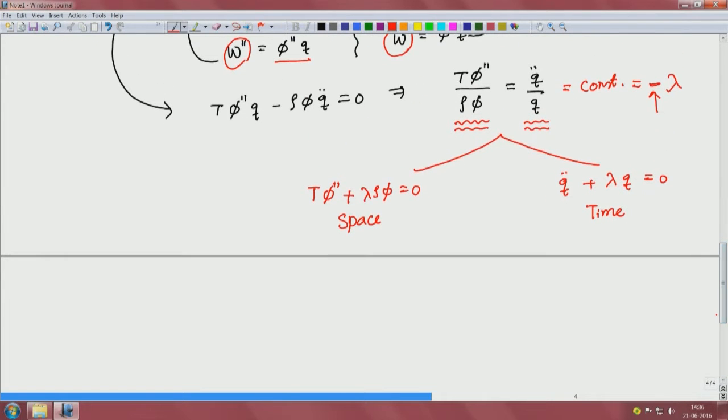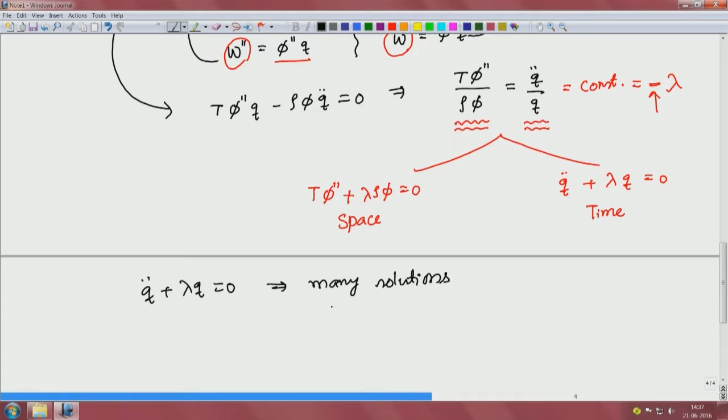So, if you look at this equation, let me write it again, q double dot plus lambda q equal to 0, there are many solutions for it. Both sine and cosine, depending on the initial conditions that you have about q, you have many solutions.